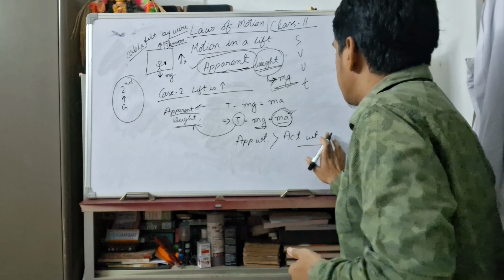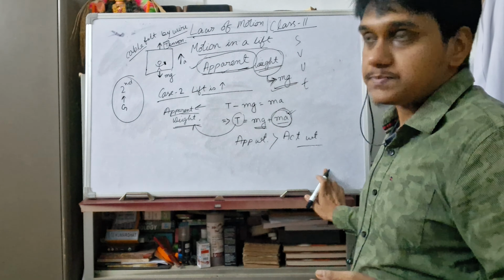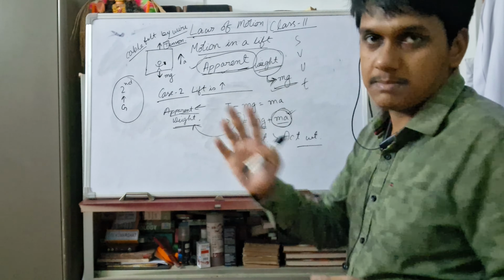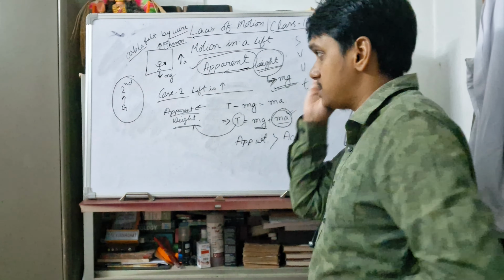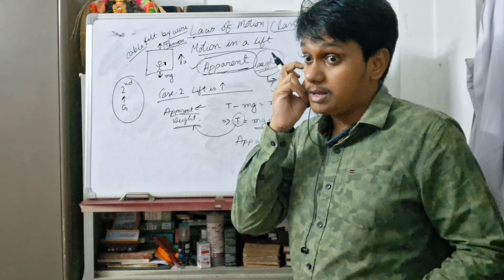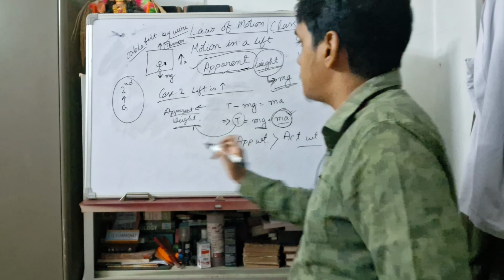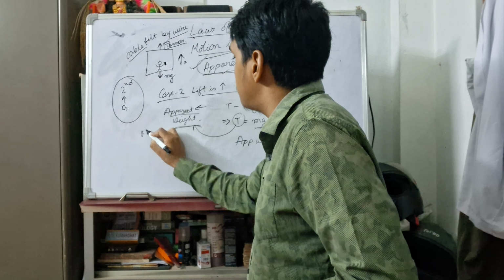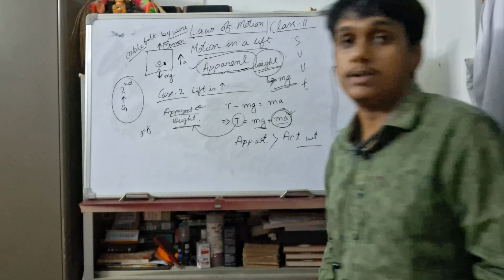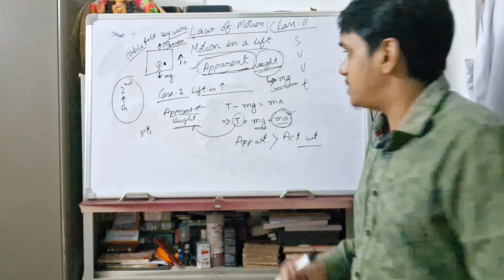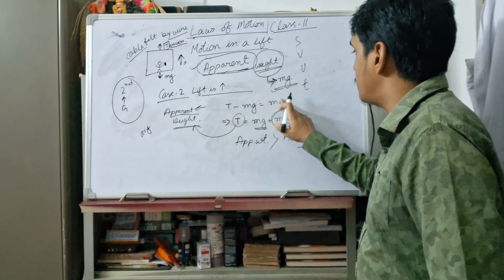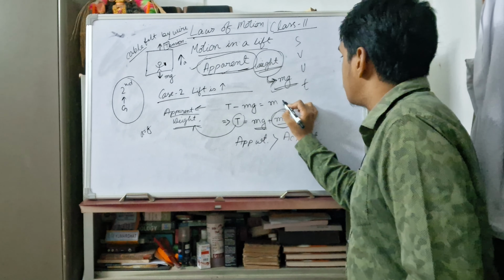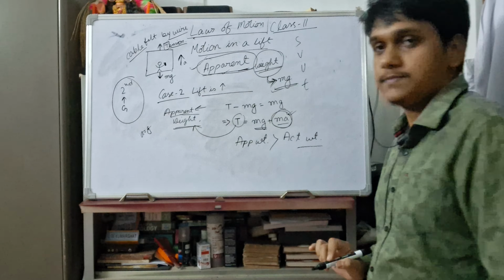Now what will happen if you go with an acceleration equal to the acceleration due to gravity? That means your a becomes g. Wherever there is a, you can put g.